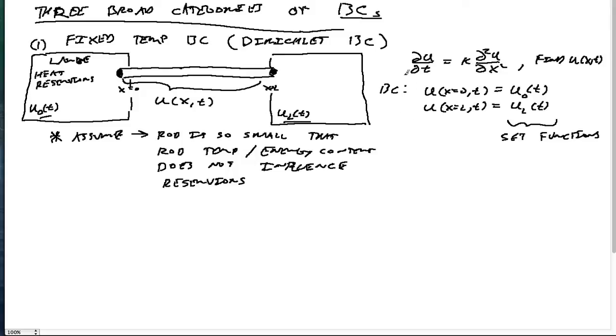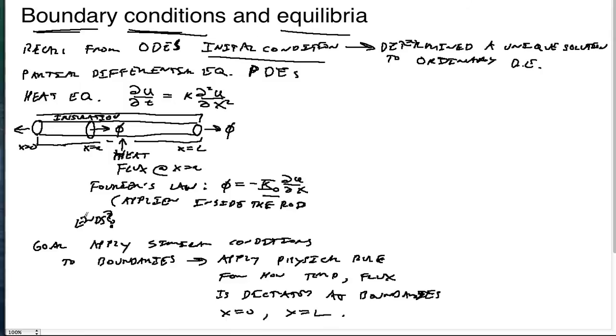All right, so this together creates a better picture of what's going on. Again, the rod is so small that the energy content of the rod is inconsequential to these reservoirs. Okay, so that's the first category of boundary conditions. So now let's talk about two. The second category will be one of a flux condition.